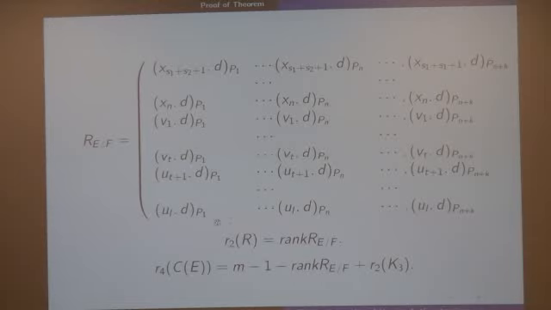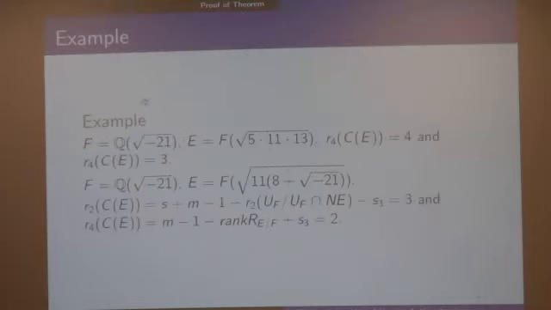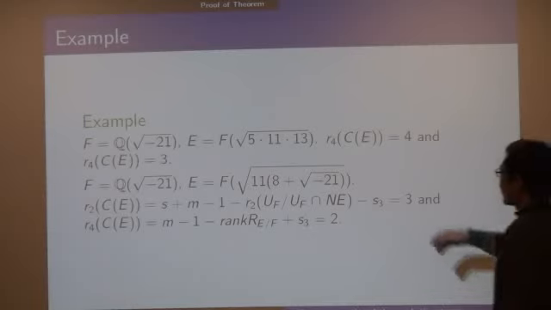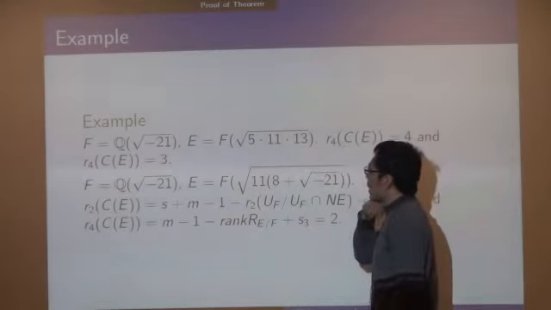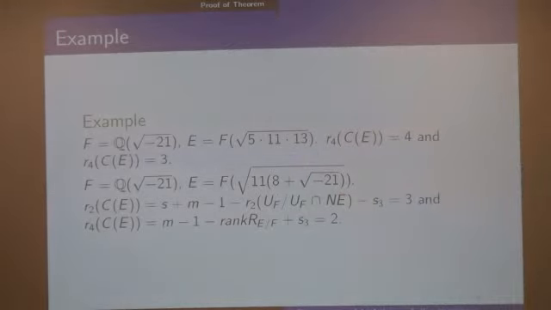So we can also give this example. For example, F equals to Q square root of minus 21, E equals to F square root of 5 times 11 times 13.